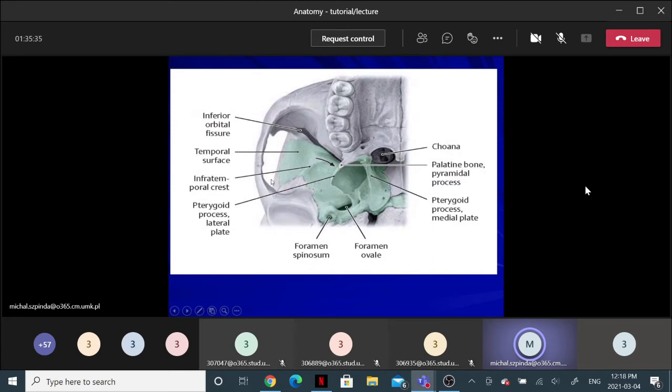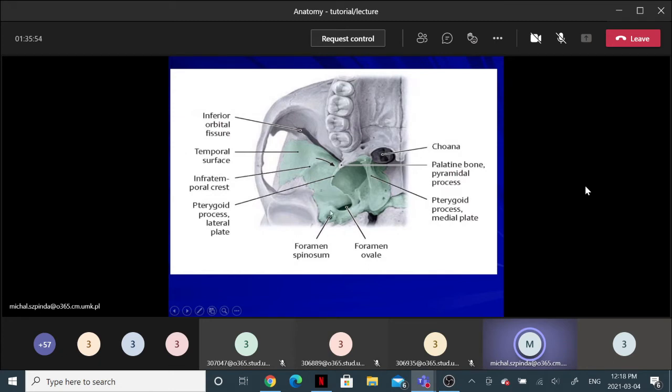So temporal squama refers to both the medial wall of the temporal fossa and the superior wall of the infratemporal fossa.